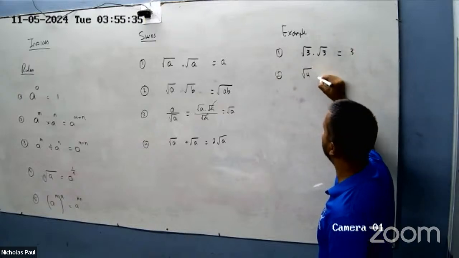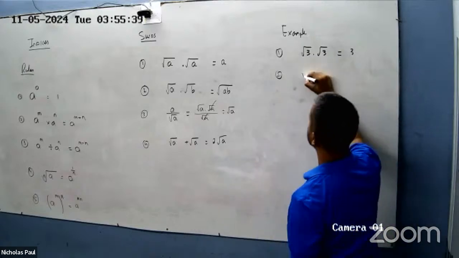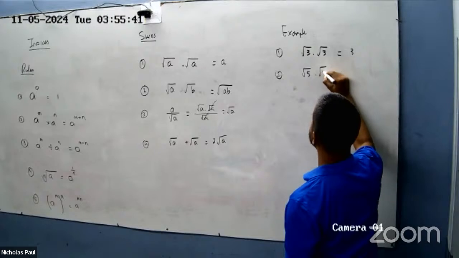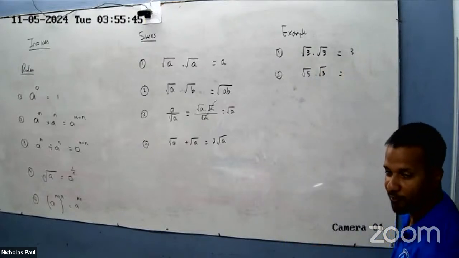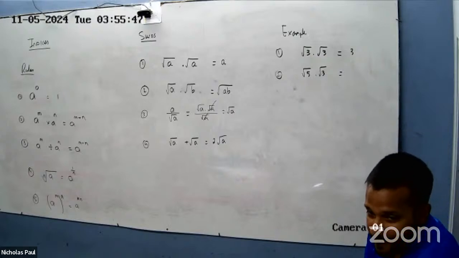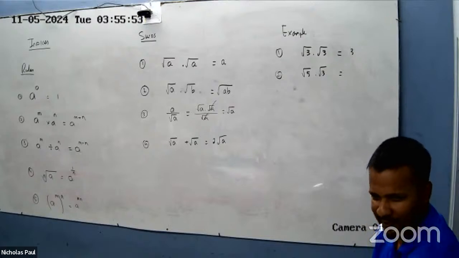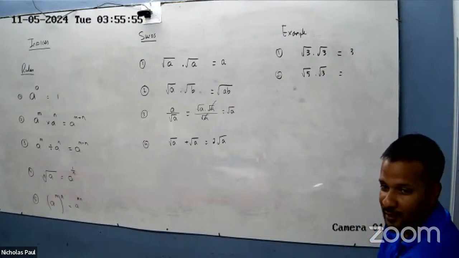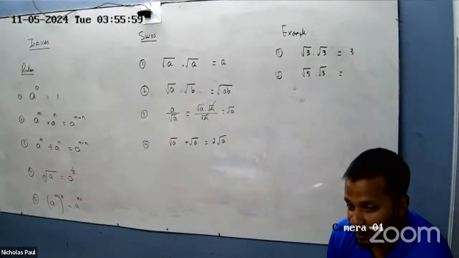What is root 5 by root 3? Ada. What's root 5 by root 3? Take your time, and try to multiply. So that is root 15.